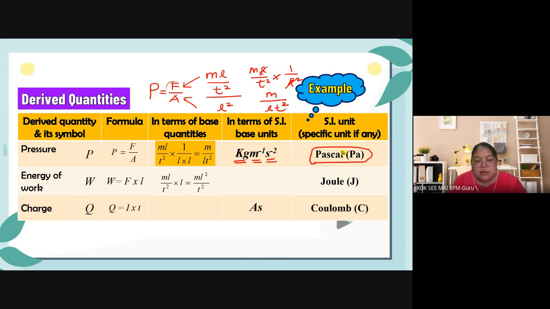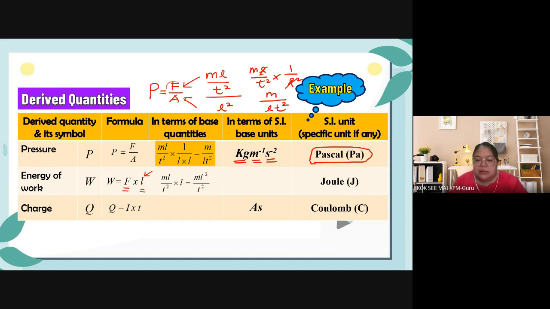Okay, so the next one is the energy. Energy is force multiply the length. Length already is a base, so you don't need to touch. Only the force. Force is ml over t square. Multiply the L again, so now you got double L: ml square over t square.